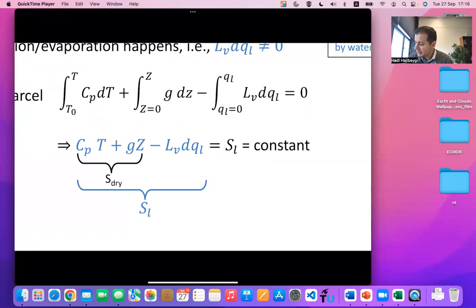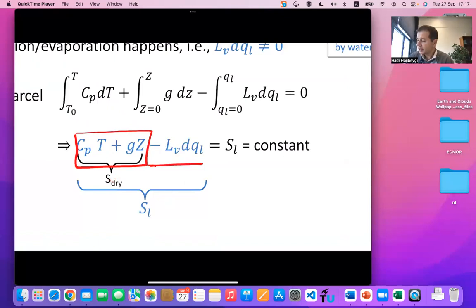So it's not that CpT plus gz is constant. When we have condensation or evaporation, considering the Lv dq, the total heat released with the condensation, that total amount would be conserved or constant. So S dry is when we do not have any condensation or evaporation.